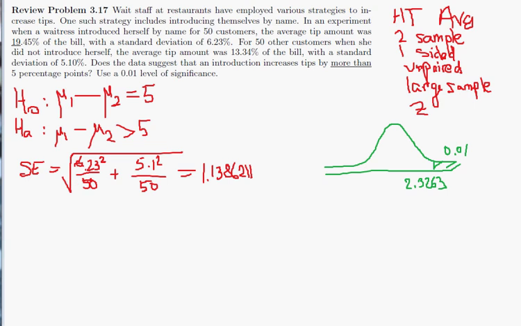Okay, so now we are in position to compute the Z statistic, the test statistic Z. That'll be the observed difference of 19.45 minus 13.34, so that's the observed difference, minus the expected difference under the null hypothesis, which is 5, divided by the standard error for the difference, which is the 1.1386 figure.